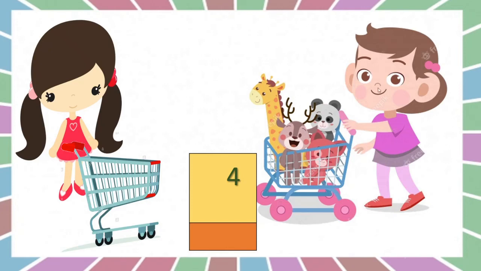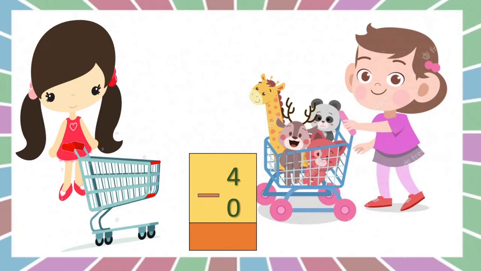Isn't it? Like that only. Ankita doesn't want to give any toy to Asmita. Right? Means Ankita gave 0 toys to Asmita. So let us write here 0. Now dear children, tell me how many toys are left with Ankita?